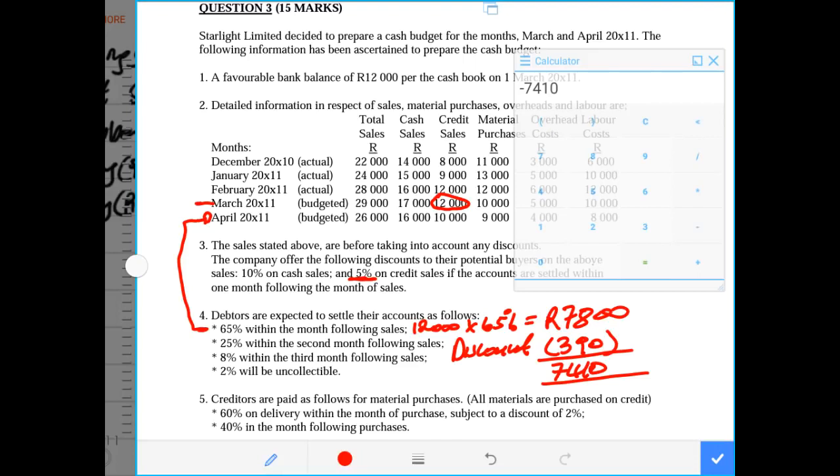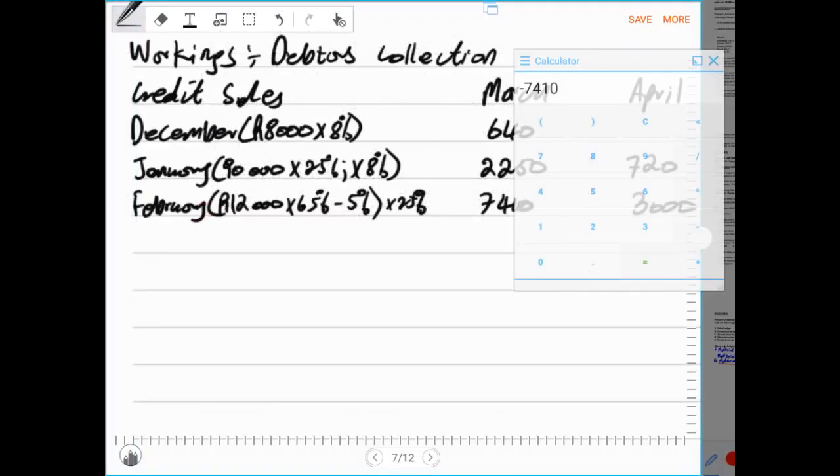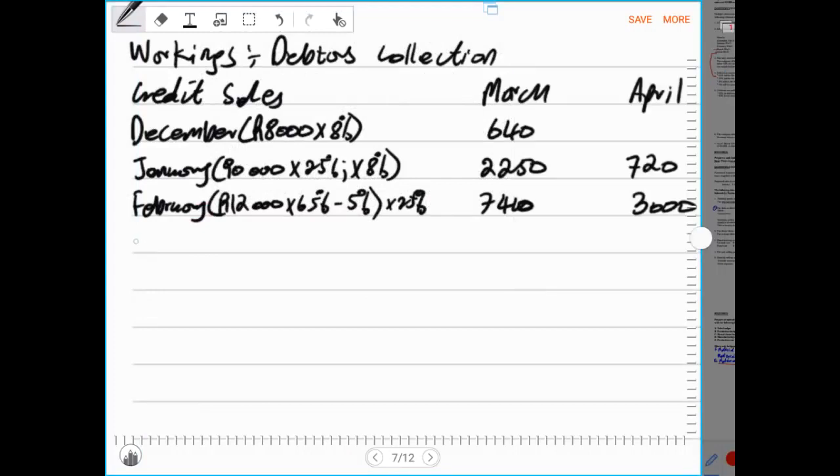Then after we record that in which month, in the month of April, and we don't have to collect 25% because that will be May, and we are not doing budget for the month of May. So now that will be March, which is 12,000 times by 65% less 5% discount.